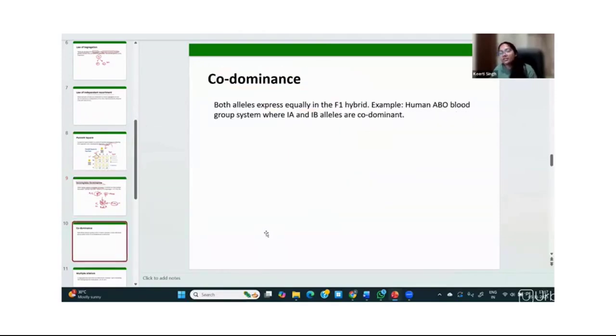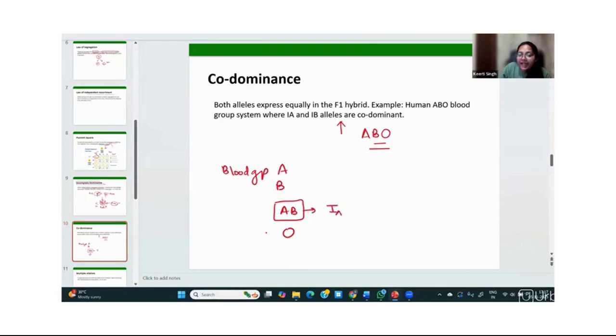And next comes codominance. What is codominance? The classic example is the human ABO blood group system. We already know we have four types of blood in the human blood group system, right? A, B, AB, and O. In case of the AB blood group, both the alleles IA and IB are present.